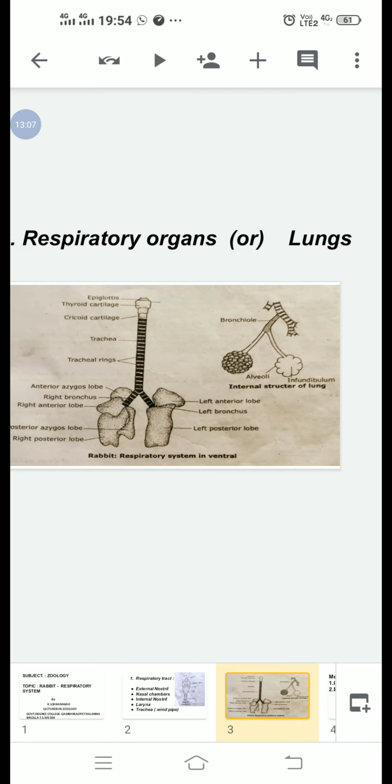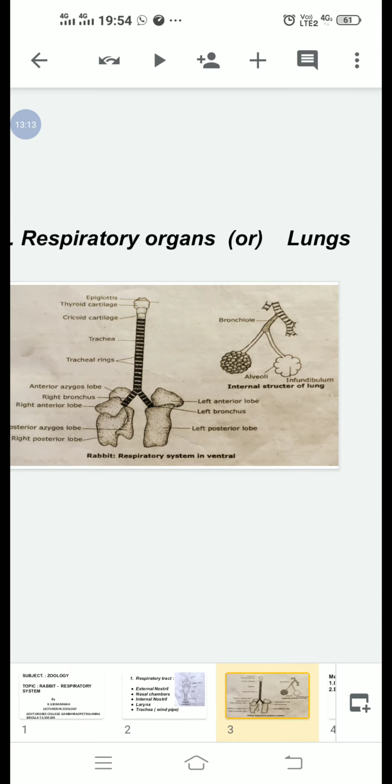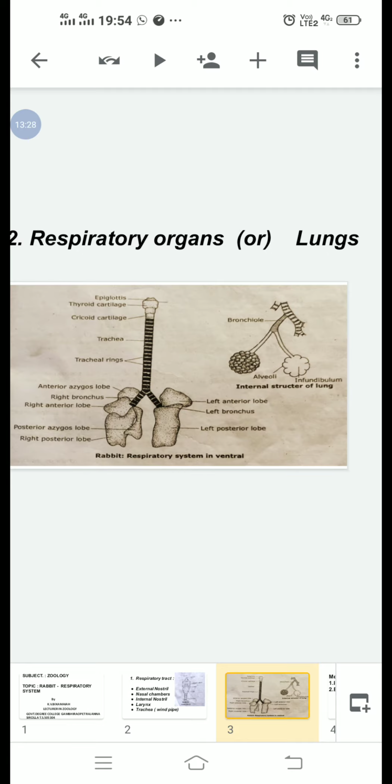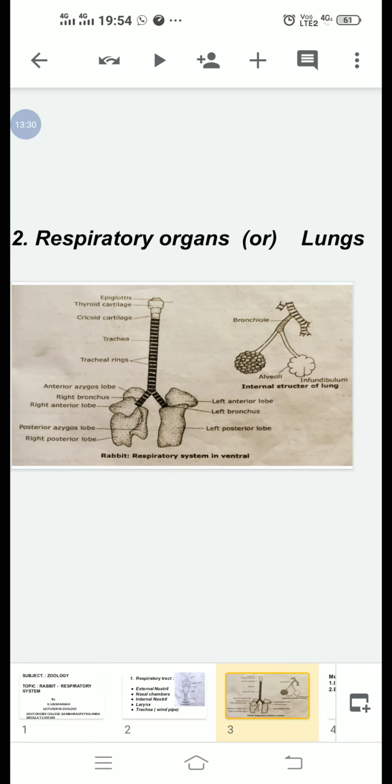Right lung of rabbit has four lobes. They are anterior azygos lobe, right anterior lobe, right posterior lobe, and posterior azygos lobe.